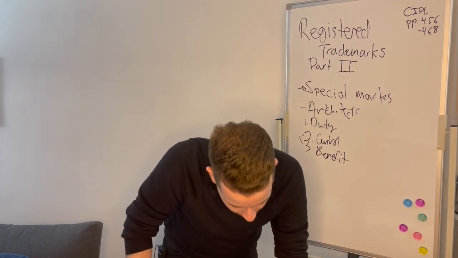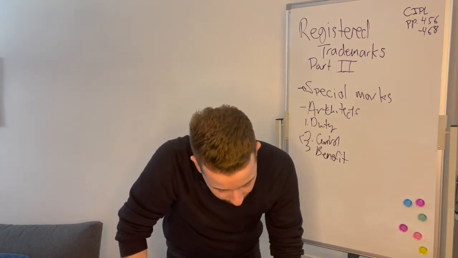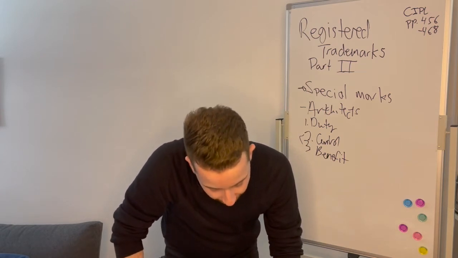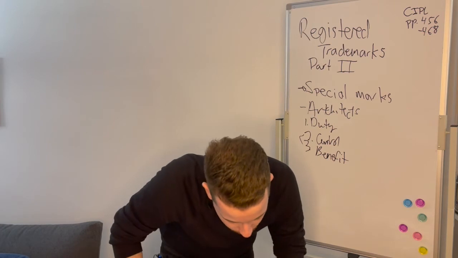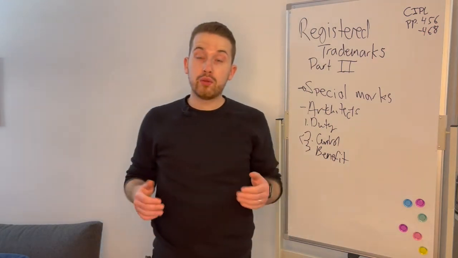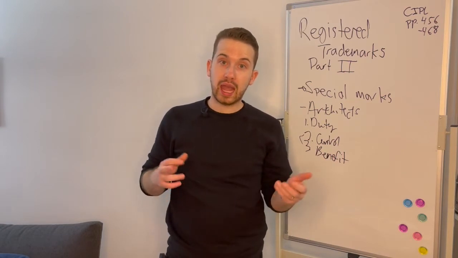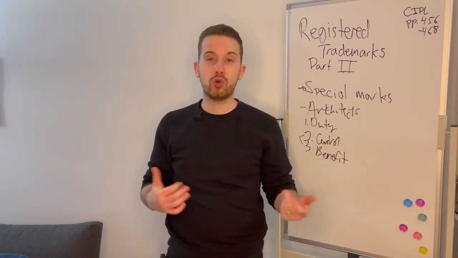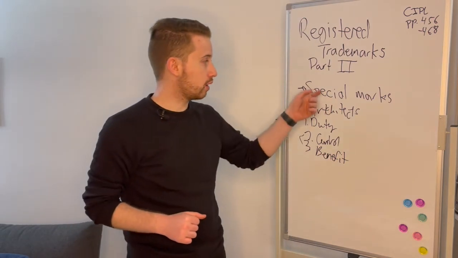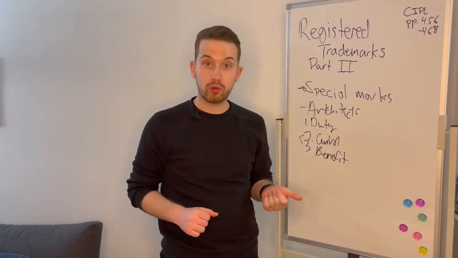And the court says in paragraph 63 that they have considered this balance that we looked at before. And the balance is between free competition and fair competition or free expression, right? And this balance is particularly relevant here because special marks are broader, right?